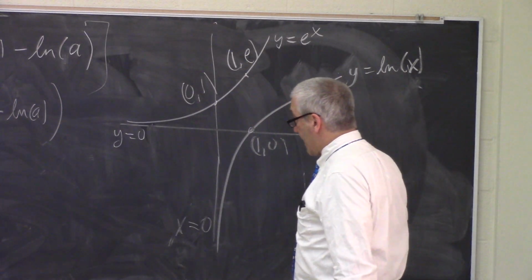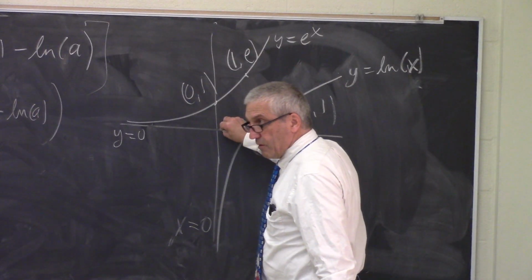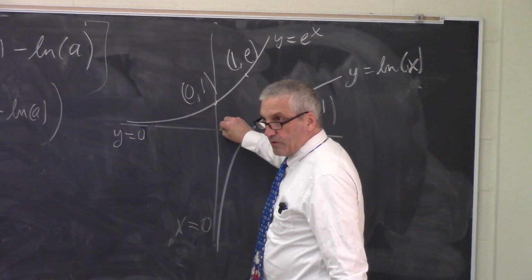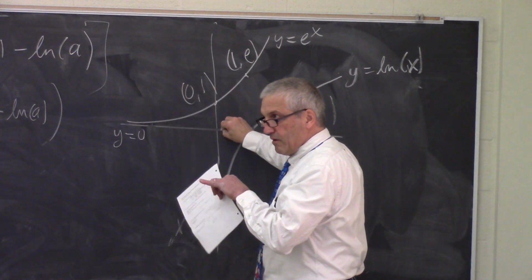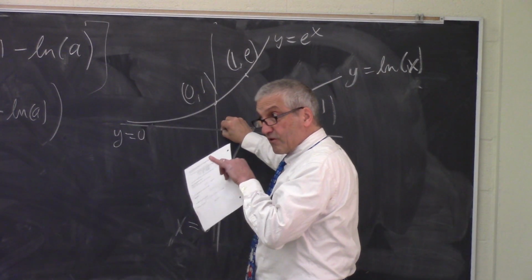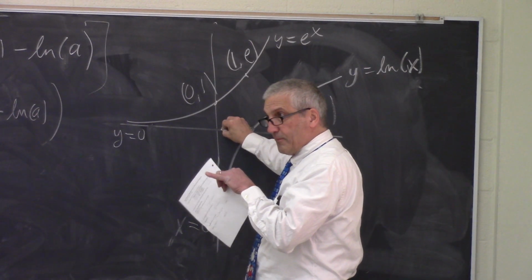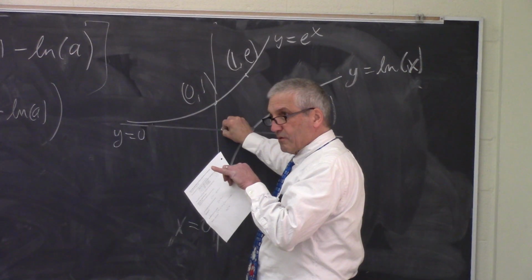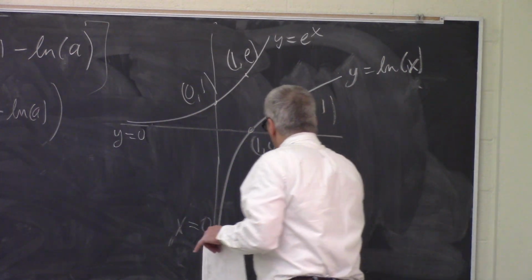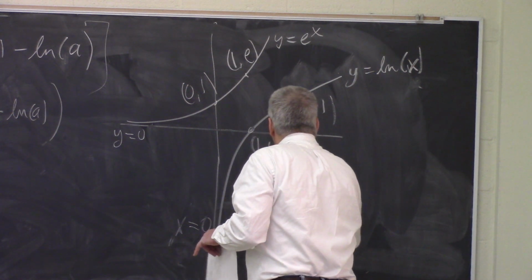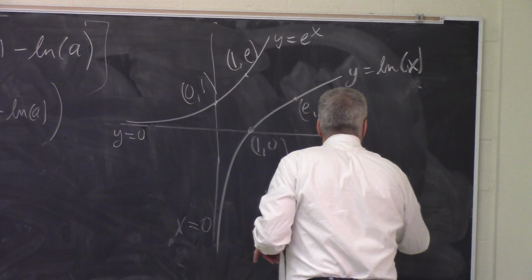Okay, so on this graph, when my x is very close to 0, but to the right of 0, how would you describe the y values? Negative infinity. Well, no, the x values are close to 0, but they are numbers. So how would you describe those numbers? x close to 0, but positive.